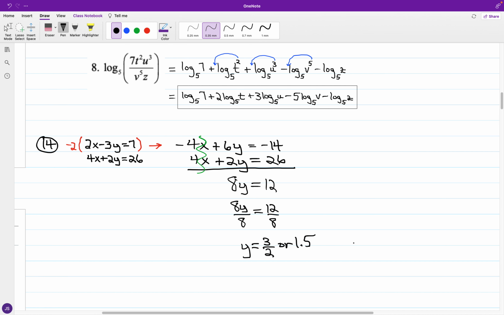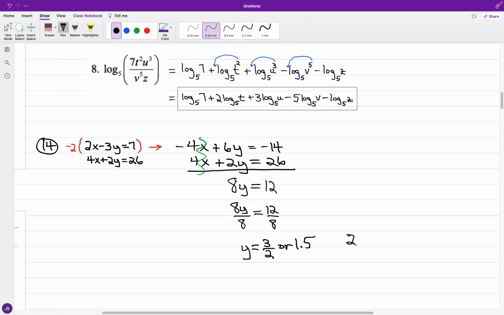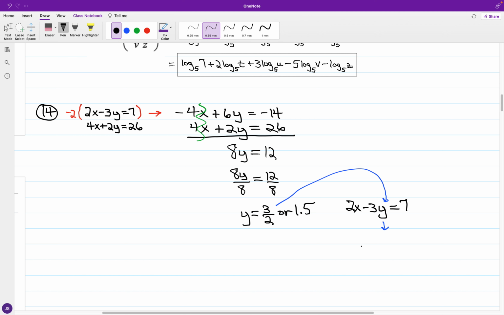And looking at solving for x, let's say with the first equation, if I plug in 3/2 for y, here we have 2x minus 9/2 is equal to 7.